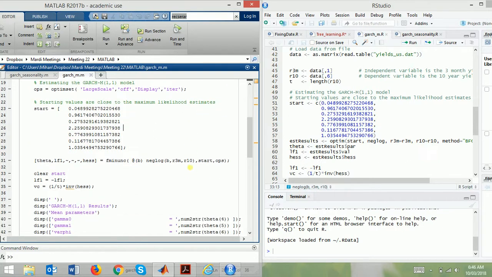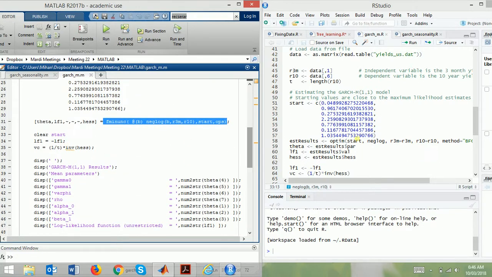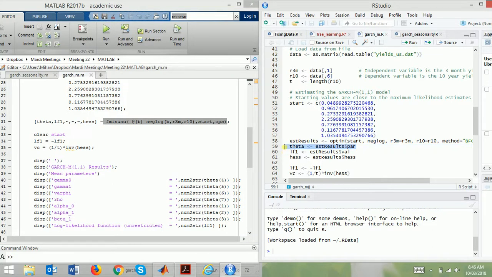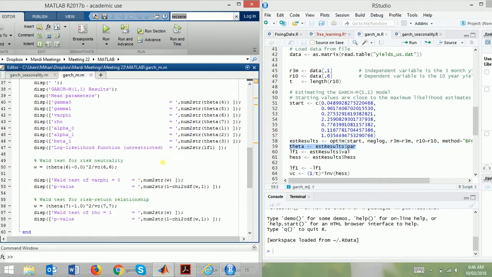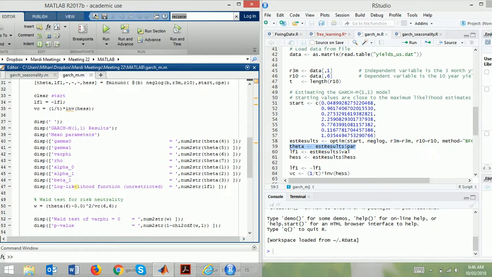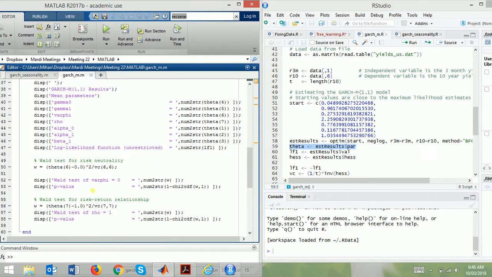Okay, fine, but I haven't done the maximum likelihood estimate yet, so just some starting values, initialization. Then I'm gonna run the maximum likelihood estimation. I'm gonna find theta values, obviously, but I'm gonna find the risk factor here, gamma, rho, and so on, and the Wald test for risk neutrality.